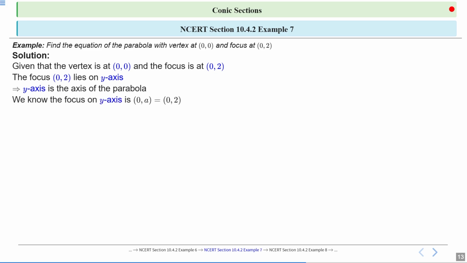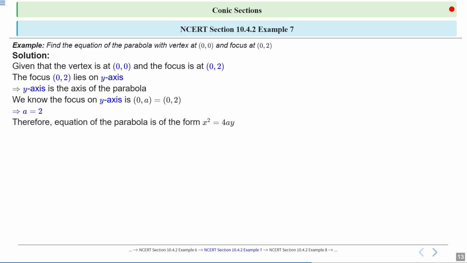And we know the focus on the y-axis is (0, a) and this is equal to (0, 2). So from here we will get the value of a is 2. So it implies a equal to 2.